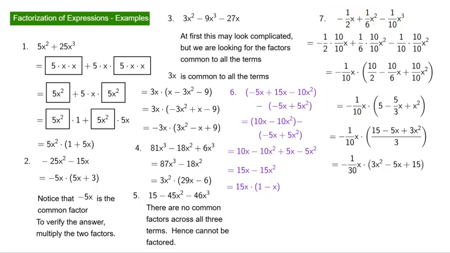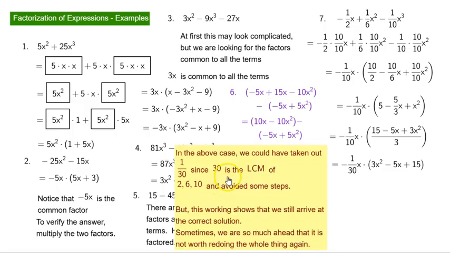So this is the factorized form of this. Now here, one very important aspect. In the case of example 7, we could have taken out 1 by 30, since 30 is the LCM of 2, 6 and 10, and avoided some steps. Because if we had taken 1 by 30 out, we wouldn't have had to go through all these steps.